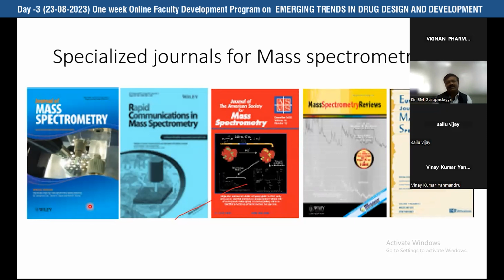In these standard journals we can identify the current research and how the instrument gives the possible methodology for the identification of the drug from biological origin.